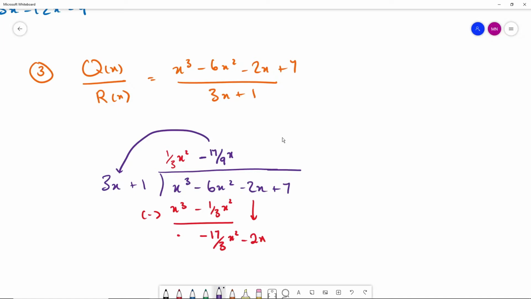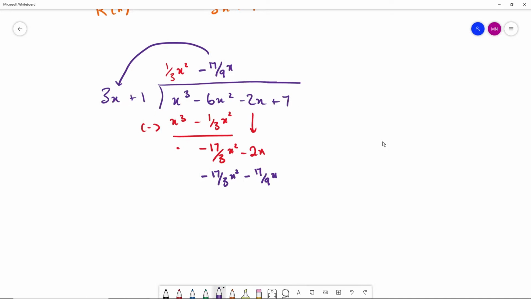So that will give us negative 17 over 3 x squared minus 17 over 9x. A negative means the operation of minus, so it becomes a positive and the x squared term becomes 0. So negative 2x minus negative 17 over 9x is negative 1 over 9x. Then we bring down positive 7.